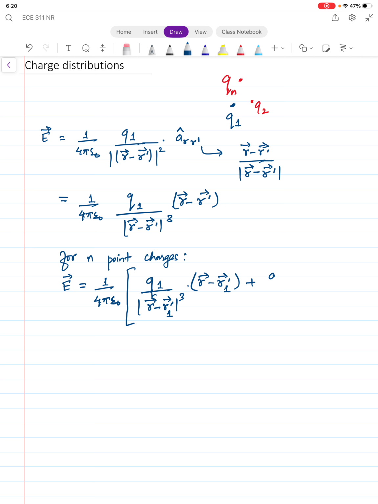And so for the next point charge q2, it becomes r minus r prime 2 cubed times r minus r prime 2. Okay, and I will simply write dot dot dot qn divided by r minus r prime n for the nth point charge.